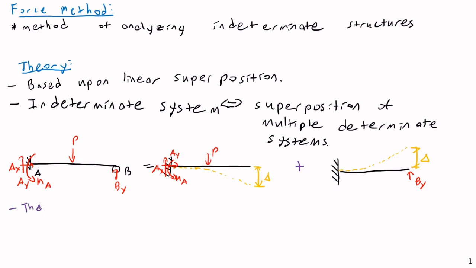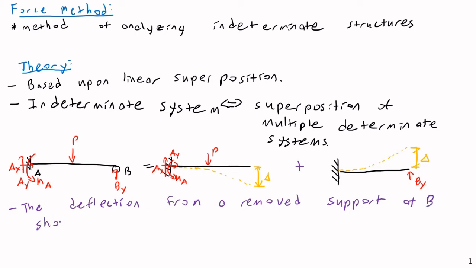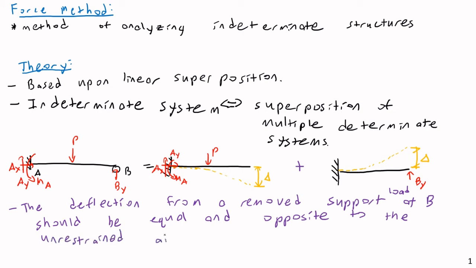The deflection from a removed support at B should be equal and opposite to the free deflection, or the unrestrained deflection, at B from the real loads.